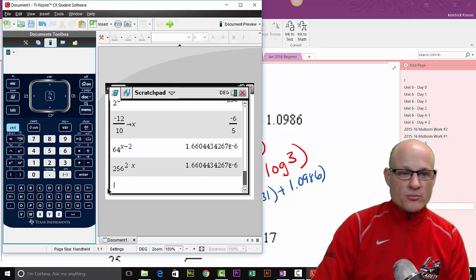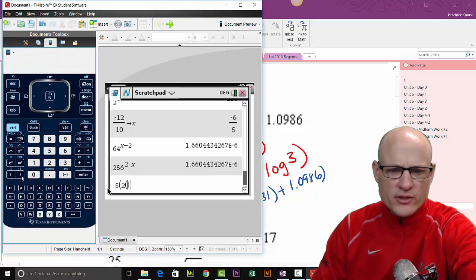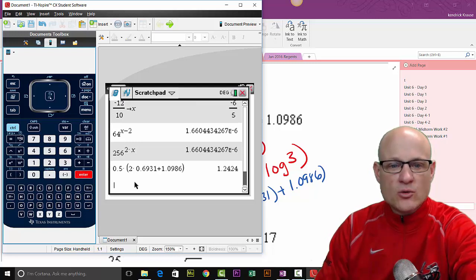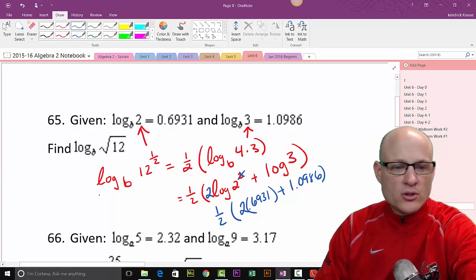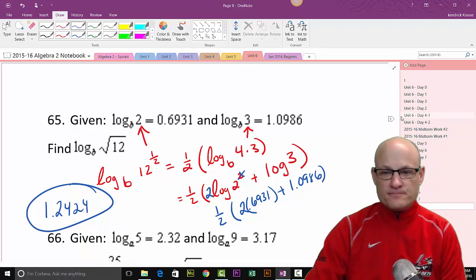So 0.5 parentheses 2 parentheses 0.6931, 0.6931 parentheses plus 1.0986. Enter. 1.2424. Wow, that was crazy difficult.